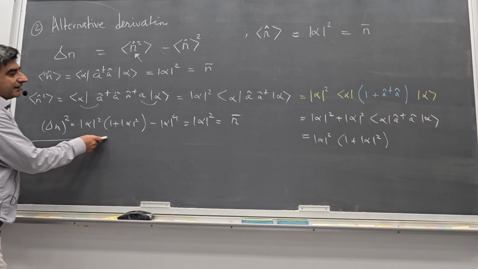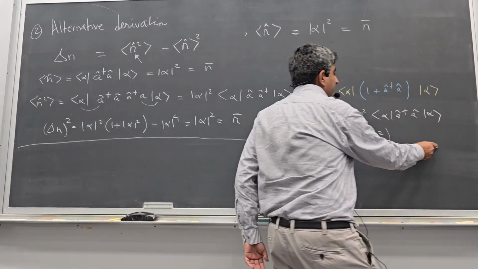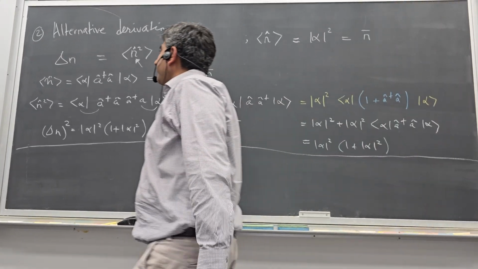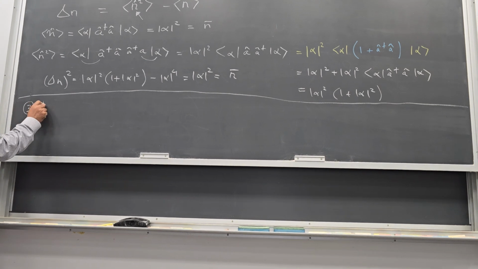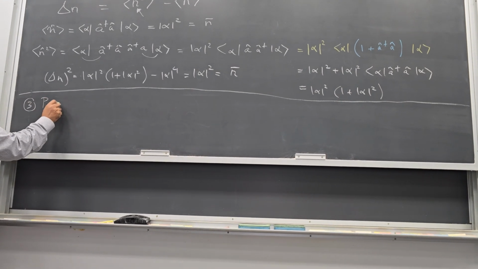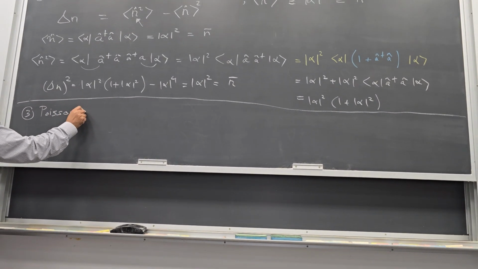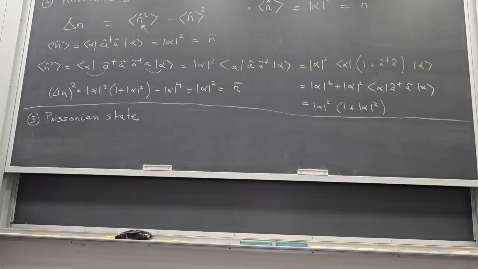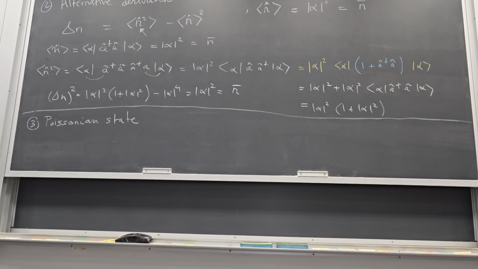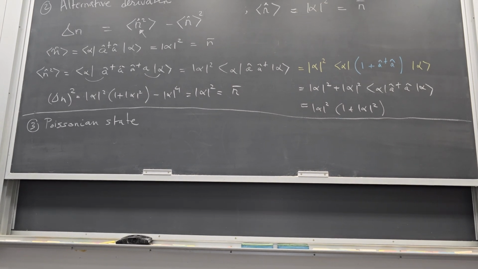So the next thing is, I now want to find out the formula showing that this coherent state actually is a Poissonian state, which means that the probability of detecting n photons satisfies a Poissonian distribution.